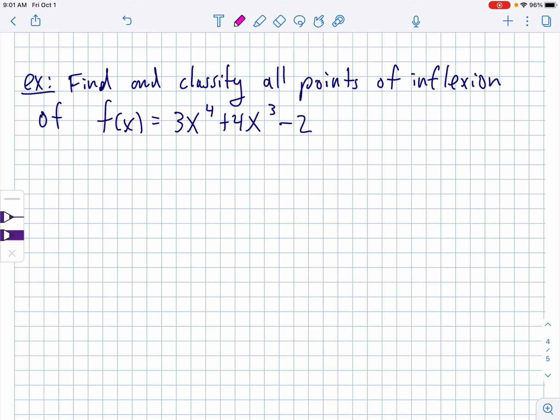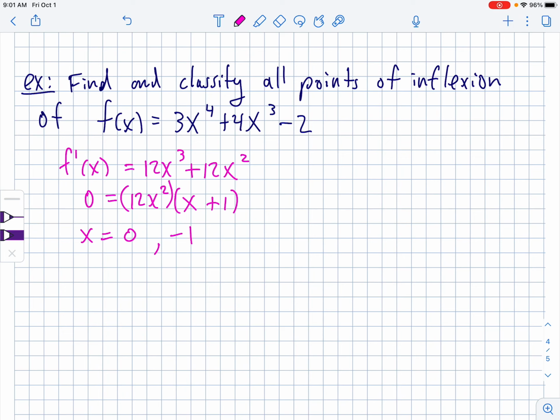Find and classify all points of inflection. So for this one, we're going to take the derivative. Set it equal to 0. Let's go ahead and factor that side. 12x squared, x plus 1.